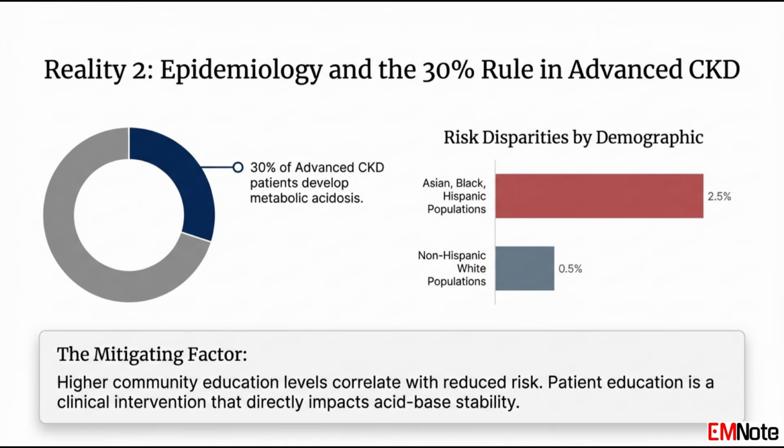It seems so. The data suggests that higher community education levels actually mitigate these risks. Explain that connection for us. Well, patient education itself seems to act as a clinical intervention. It directly impacts their acid-base stability. I see. When patients understand their condition, their diet, their medications, the outcomes improve. It's not just supportive care, it's genuinely therapeutic.